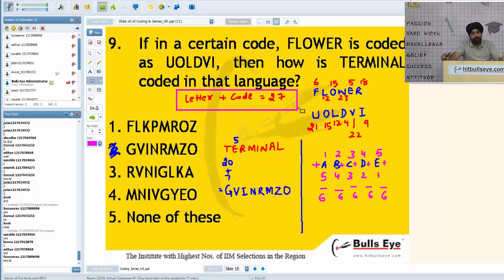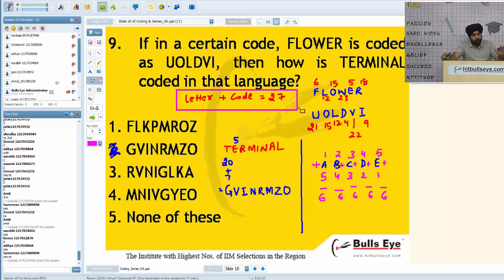Okay, now 12 plus 15, L is 12th from the left hand side. That means O will be 12th from the right hand side. That we can see from the sum of the positions, which will always be one more than the total number of alphabets. Alphabets are 26. That is the reason their sum is always coming out to be 27.